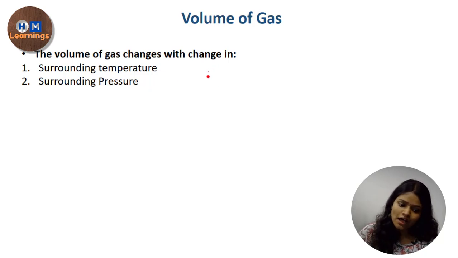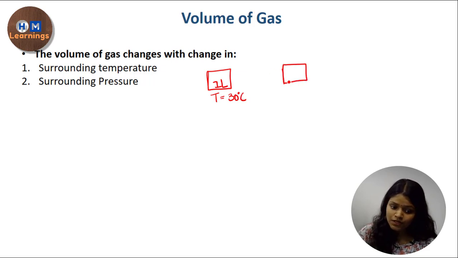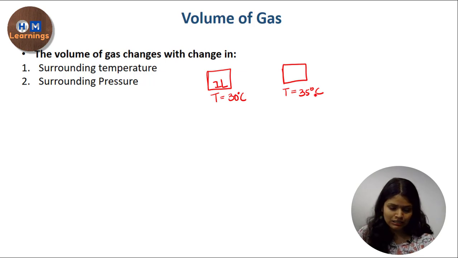It means that if you have a beaker with 1 liter of air at a temperature of 30 degrees Celsius, and you take this beaker somewhere where the temperature is not 30 but 35 degrees Celsius, the volume of gas will not be 1 liter. It will be different from 1 liter. This shows that the volume of the gas changes with the change in temperature.